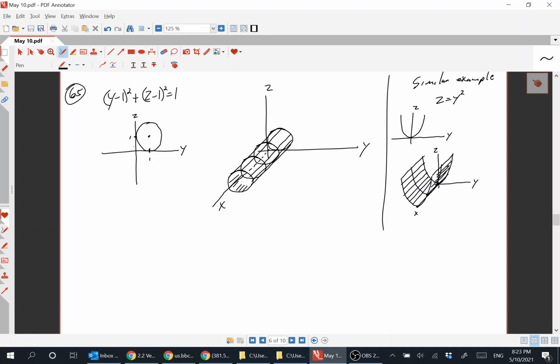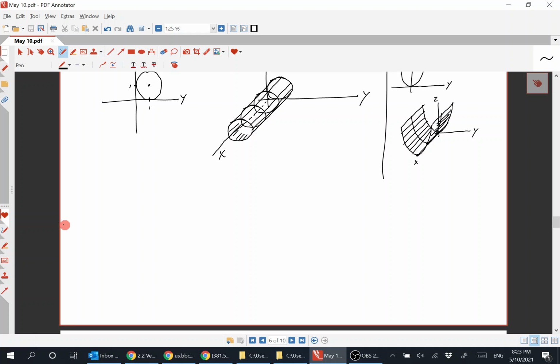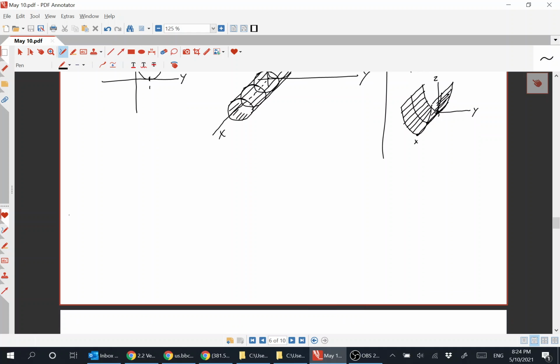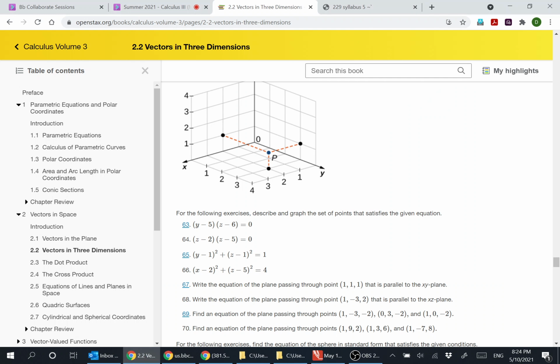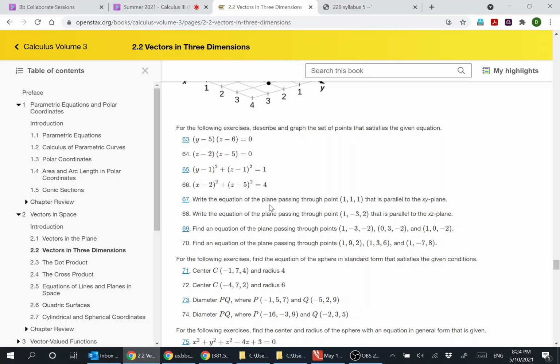Alrighty. Problems 67, 68, and 70, I think. We'll talk about these in section 2.5.